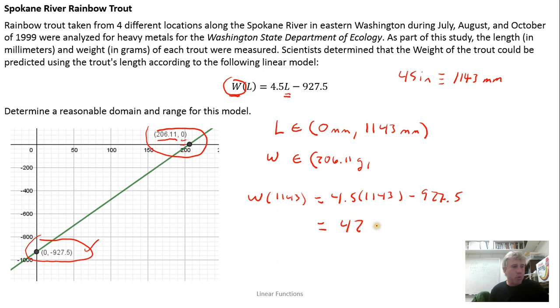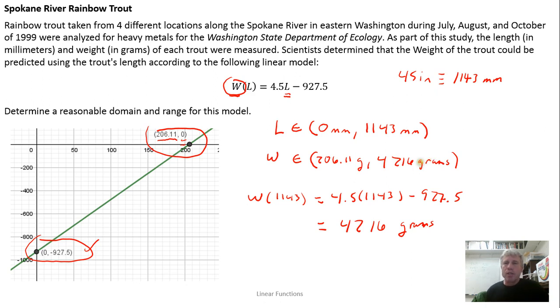That's going to give you 4,216 grams as the weight that's generated by a length of 1,143. So we'll use that as our high end, 4,216 grams. So we have length running from 0 to 1,143, weights running from 206 grams up to 4,216 grams.